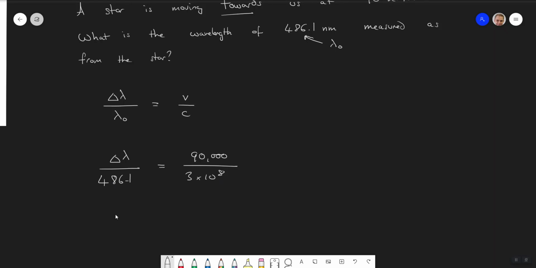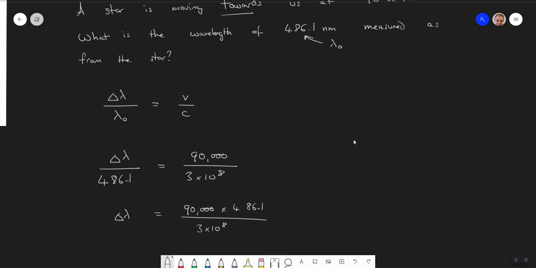So we have a change in wavelength of 90,000 times 486.1 over 3 times 10 to the 8, so 300 million. So what do we get from there?